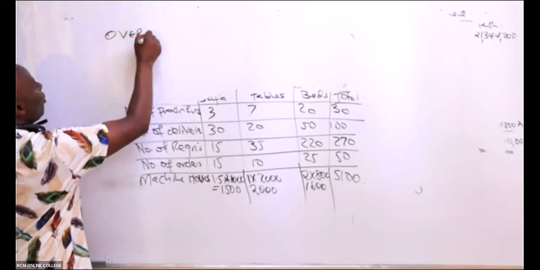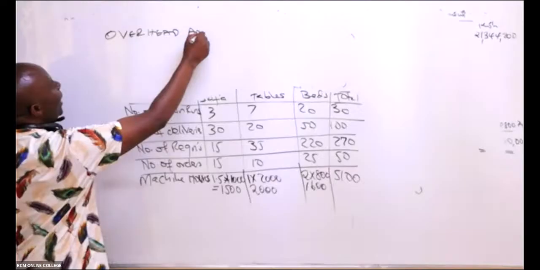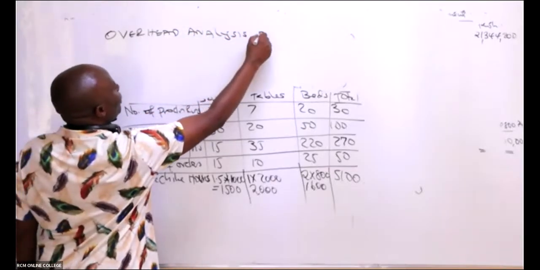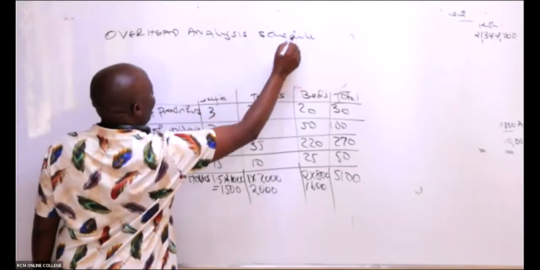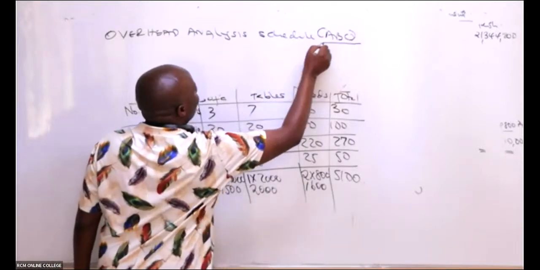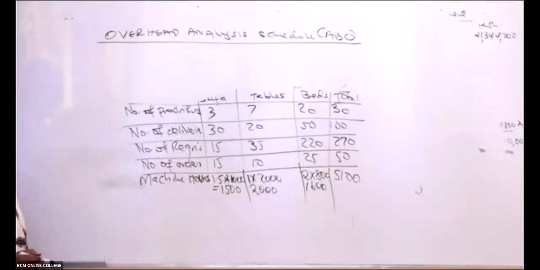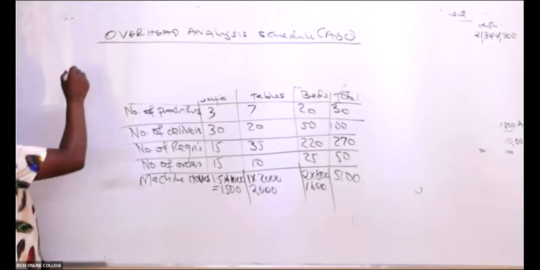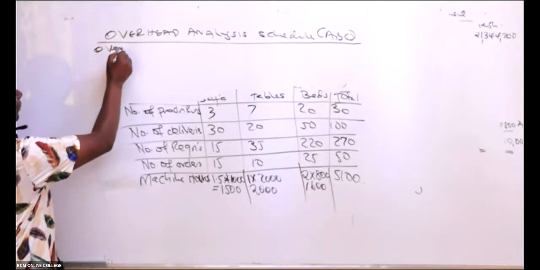Give us the overhead analysis schedule. And remember, we are using a very, very important model called ABC, overhead analysis schedule. So then you have your overhead here.